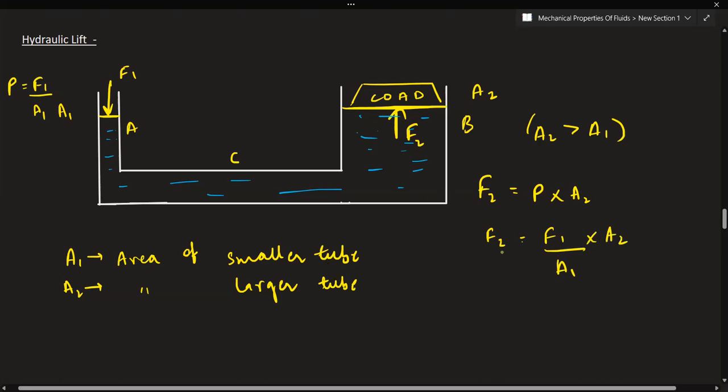Yes, ma'am. And this force is greater. F2 is obviously greater than F1. That's why the small force is helping us to lift heavy objects without any manual effort. This is basically the practical application of Pascal's law, the hydraulic lift. Just note this down. Okay, ma'am.